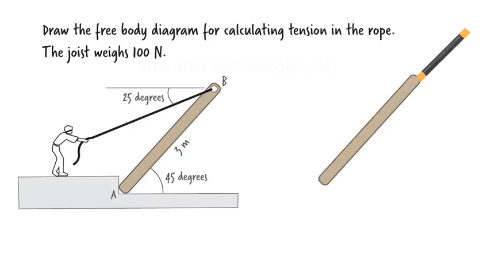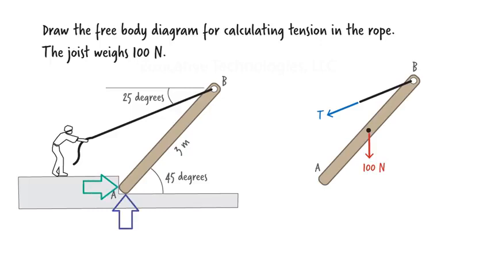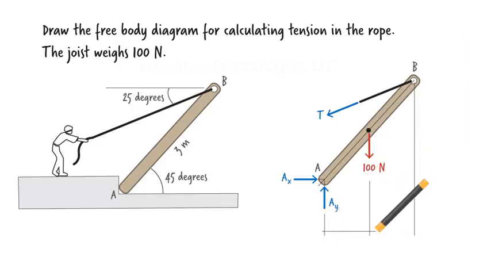To draw the needed free body diagram, we cut through the rope and denote its tension force as T. Further, since the joist is in contact with the ground at two places, one being the vertical surface and one being the horizontal surface, we are going to place a horizontal force and a vertical force at A, like this. Given the length of the joist and its inclination angle, we can easily determine the relevant distances for the free body diagram.